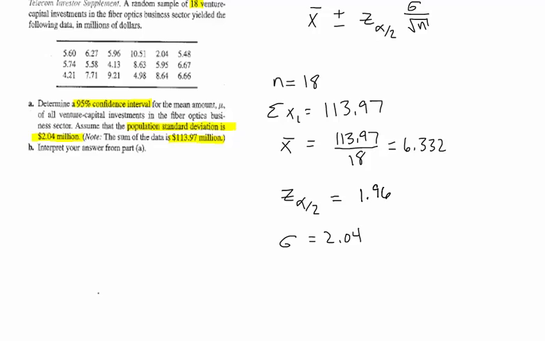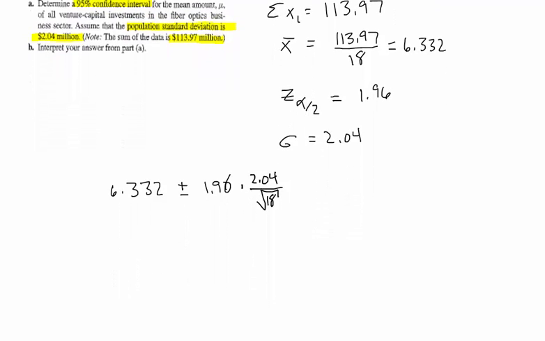And now we can use our formula to find our confidence interval. So we have x bar, which is 6.332, plus or minus z alpha over 2, 1.96, times sigma, 2.04, divided by the square root of n, the square root of 18.